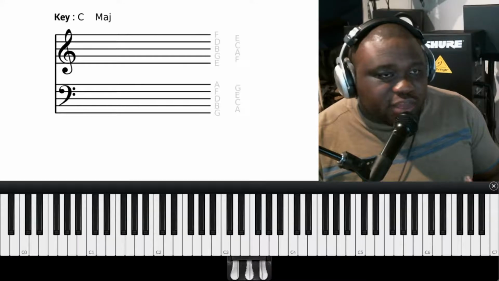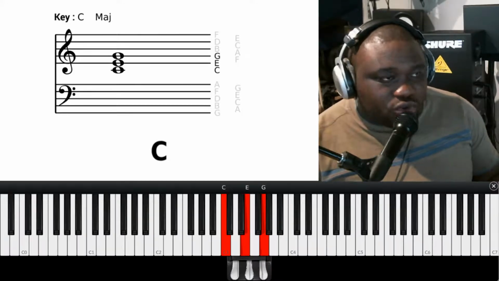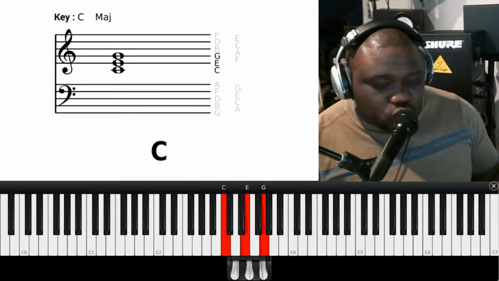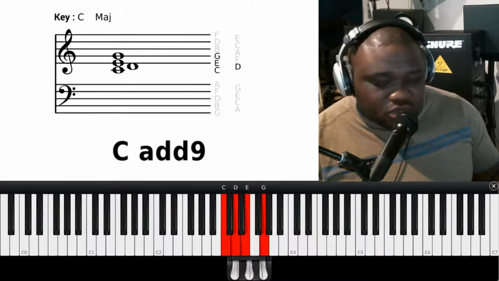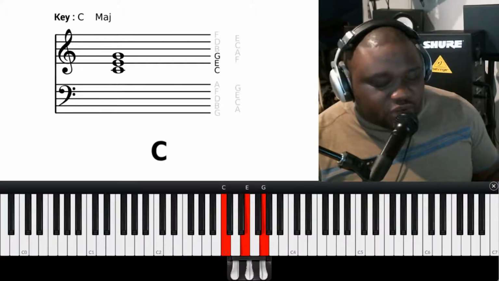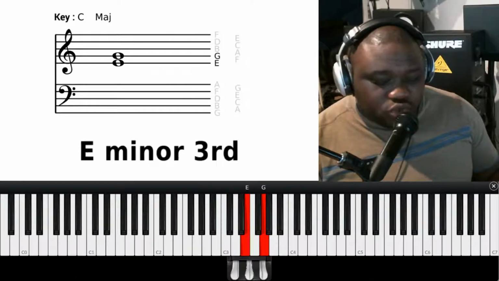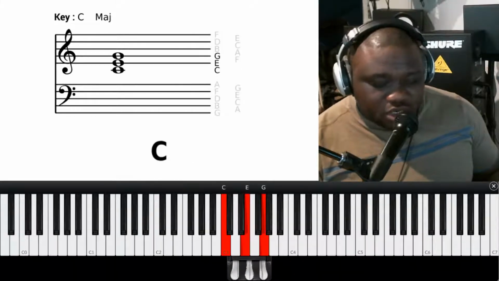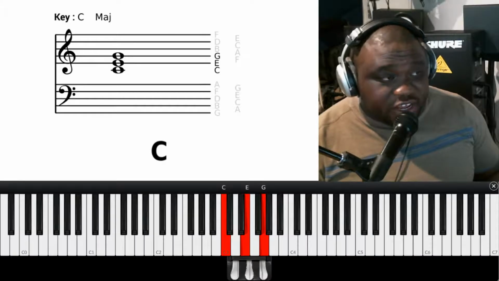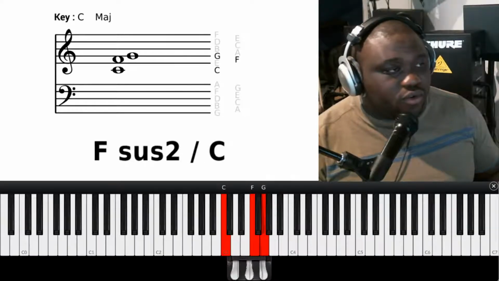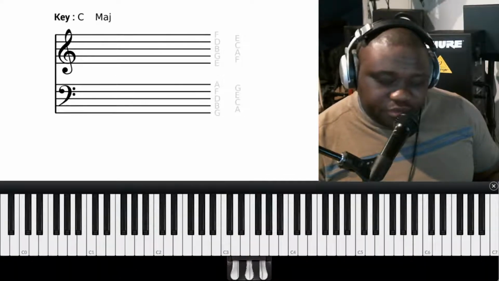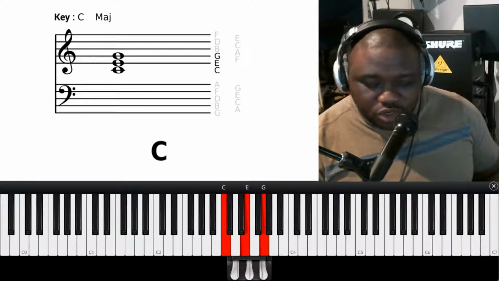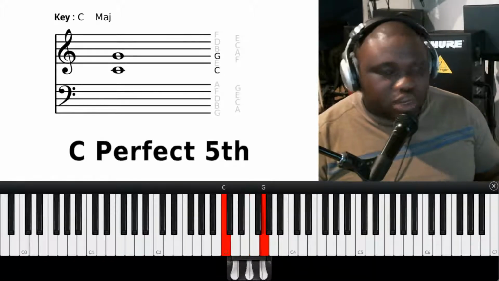And so the concept is, I have my root chord, I'm suspending you to a 2. Okay? I have my root chord, I'm suspending you to a 4.